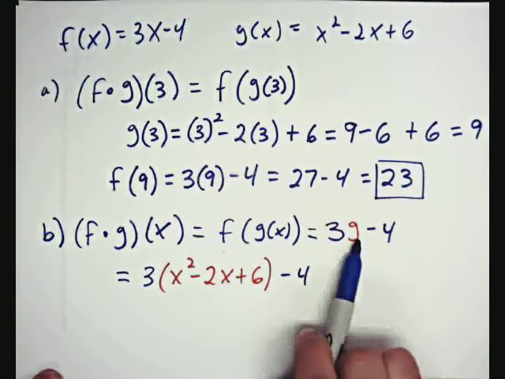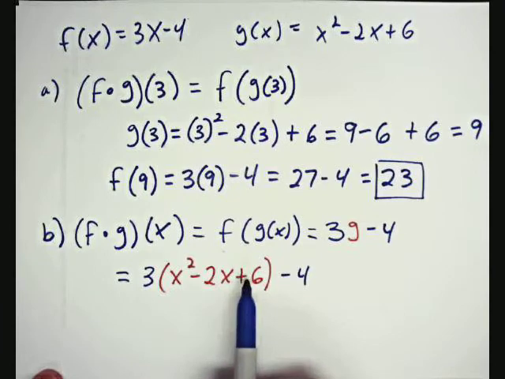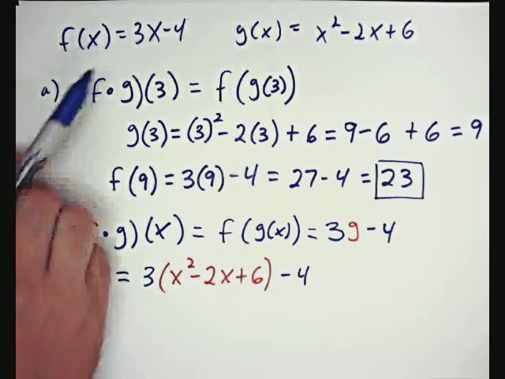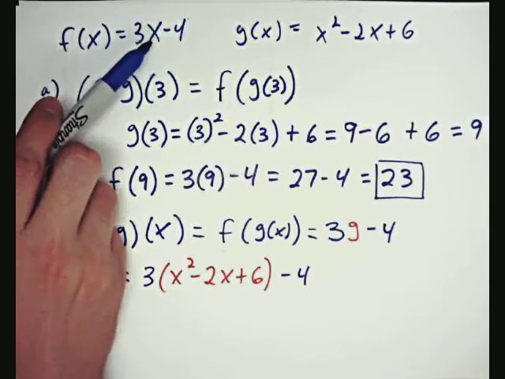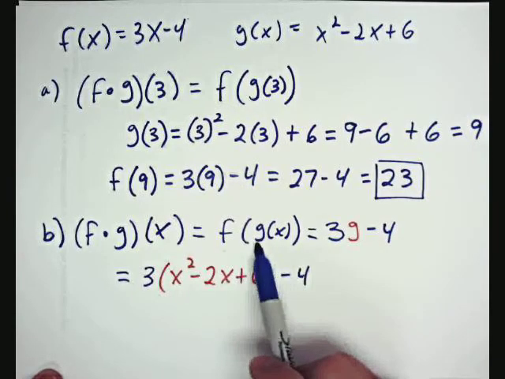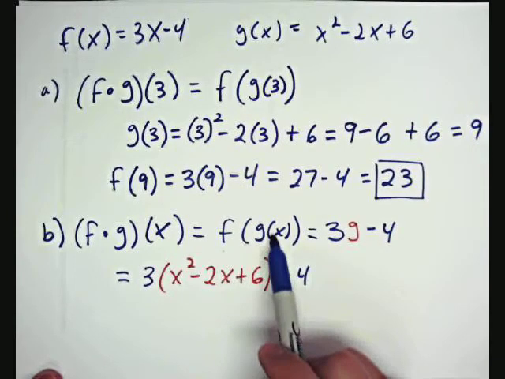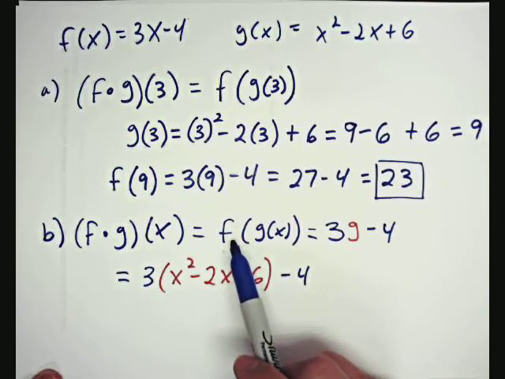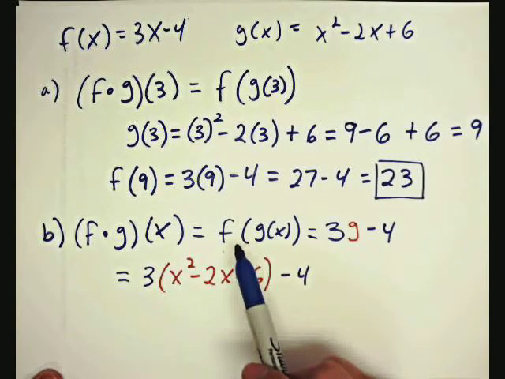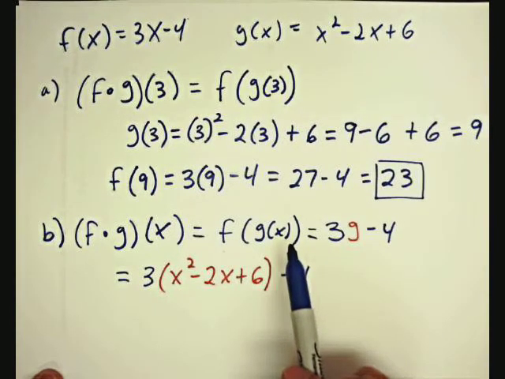So everything that is in red is what used to be just x in the function f. So again, this is telling us to take the function g and input it into the function f. That will give us every composition for f of g of x.